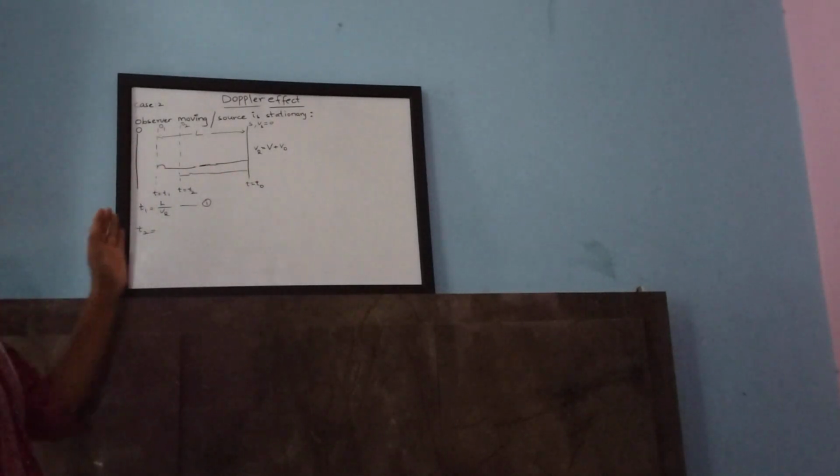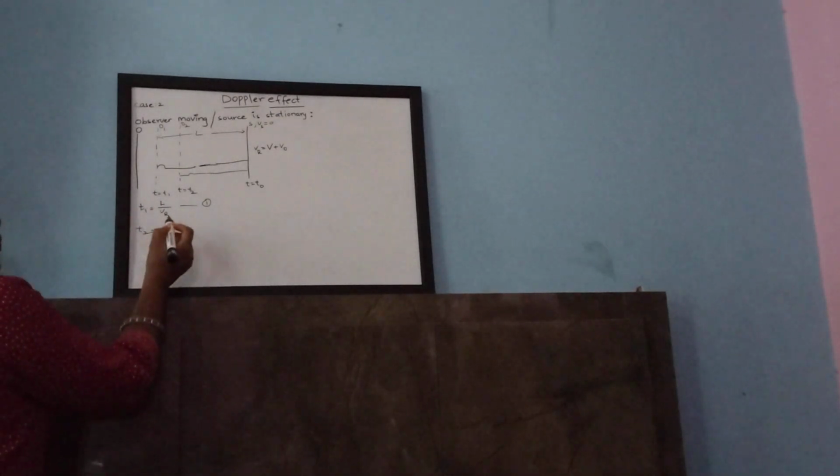Then what is the time taken for this crest to reach the observer? T2 is equal to T0. In the previous class we discussed that for every successive crest, the time taken is T0.